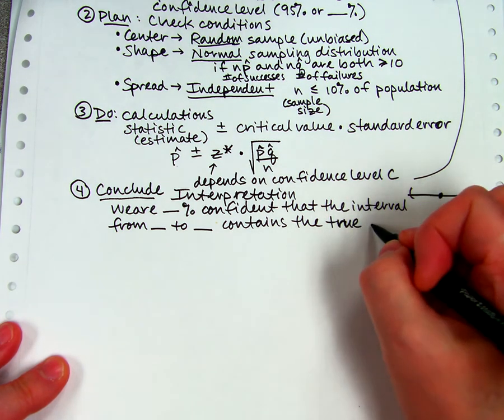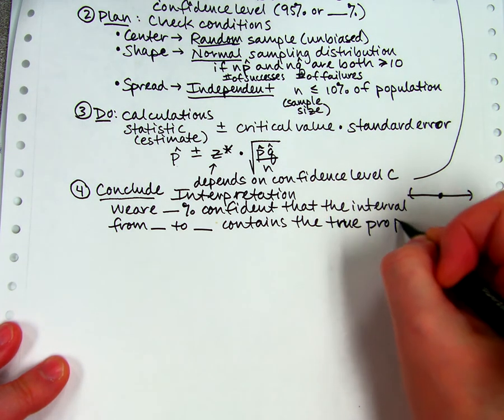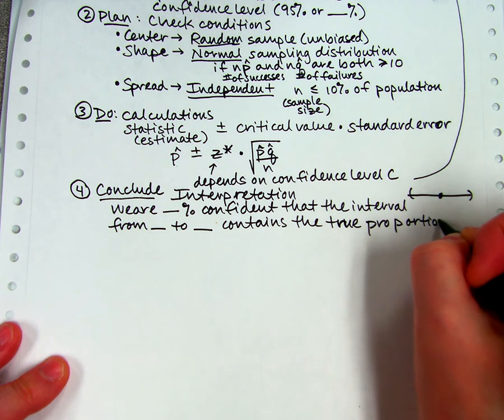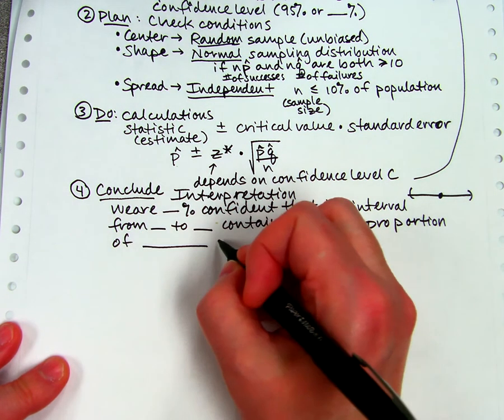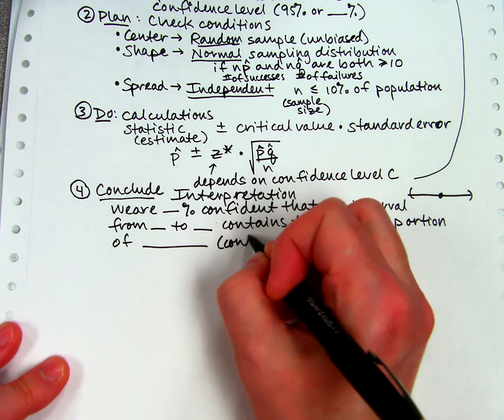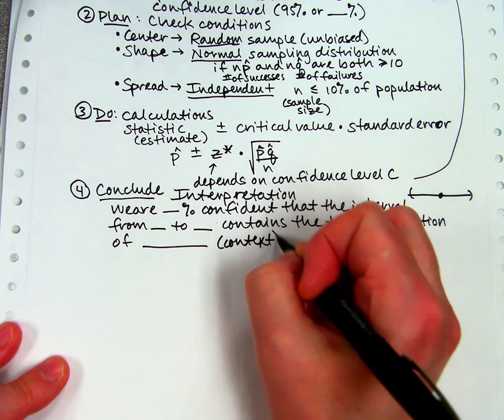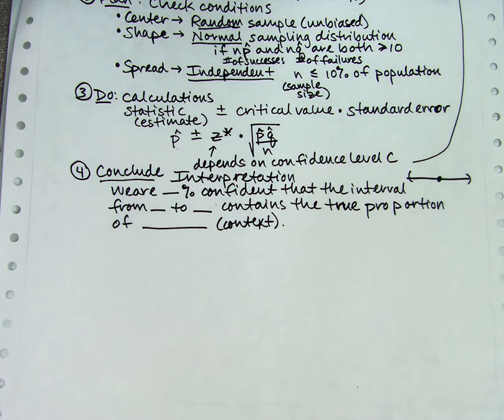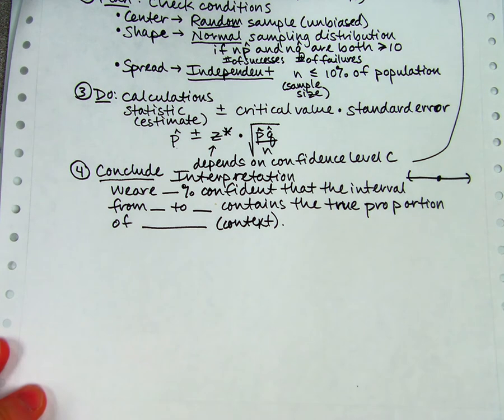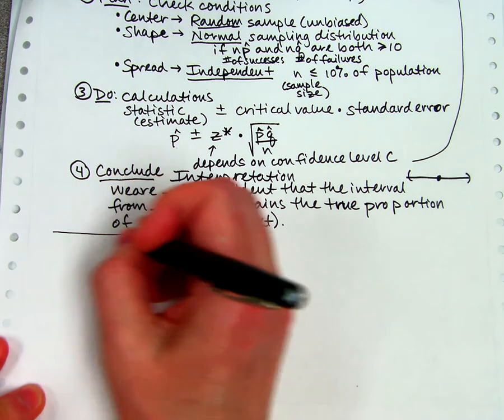True proportion of whatever it is that our context would be. So if we're counting red beans, we would say the true proportion of red beans in the population. Okay, so that's how you interpret it. And we're going to do all 4 of those steps one more time today with an actual example.